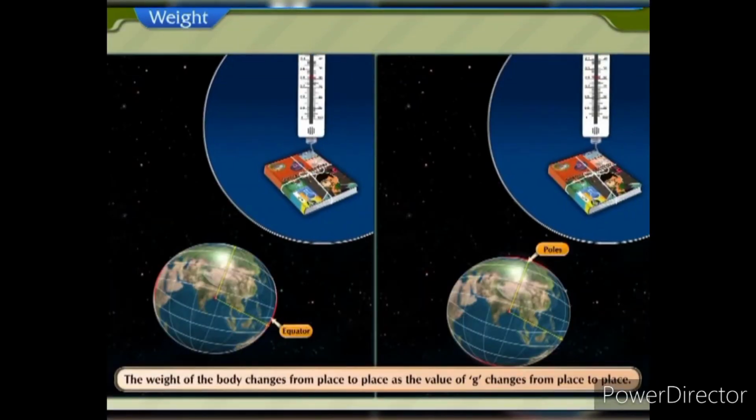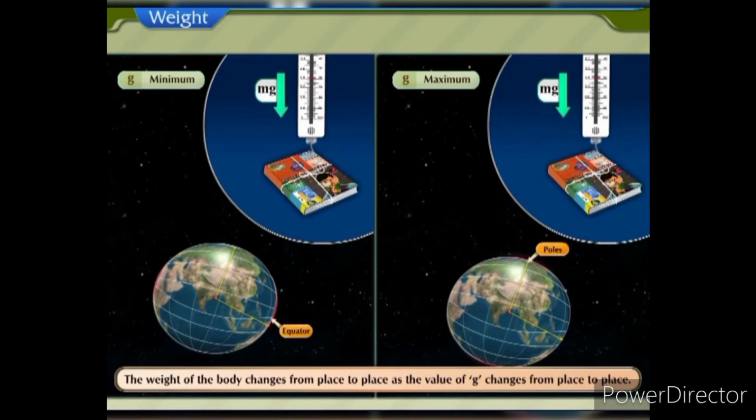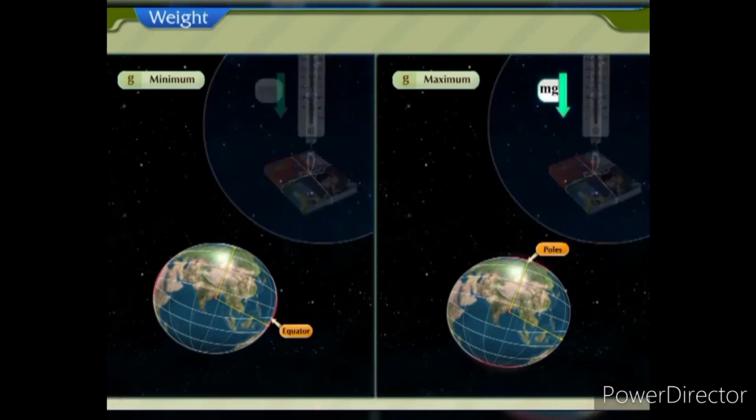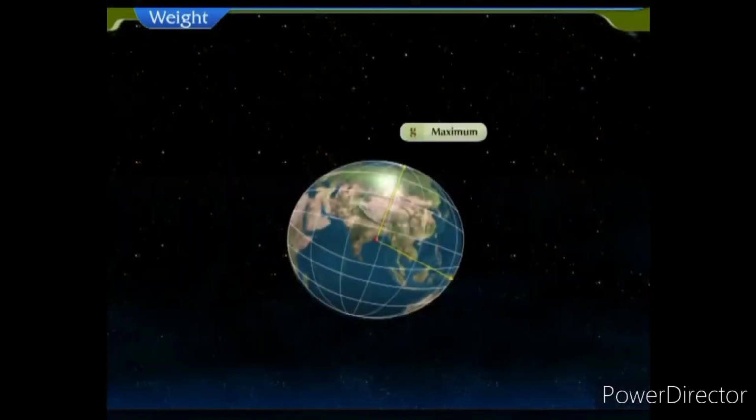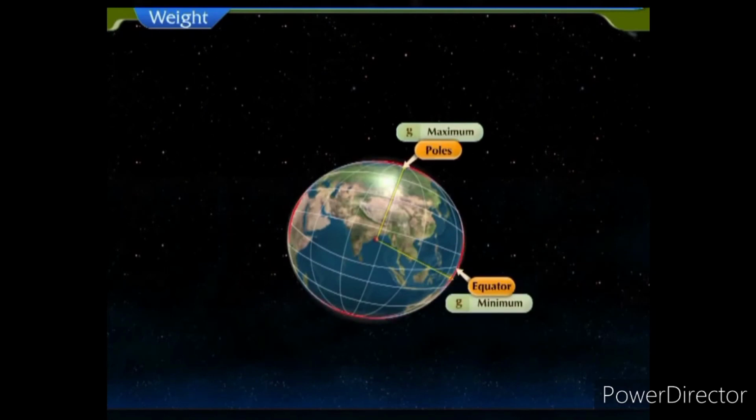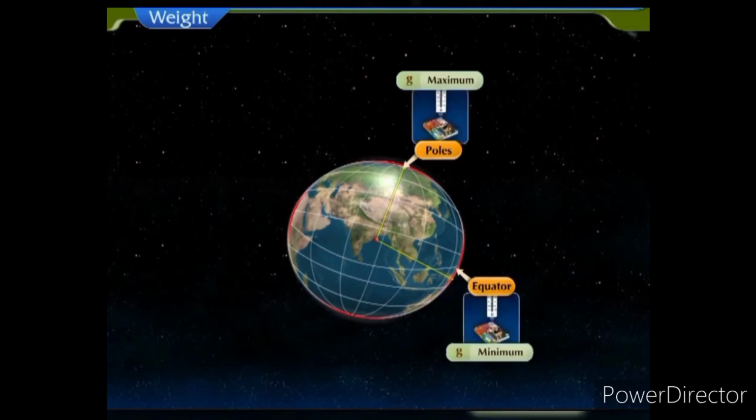Therefore, the weight of the body changes from place to place as the value of g changes from place to place. Since the value of g is maximum at poles and minimum at the equator, the weight of the body is also maximum at poles and minimum at equator.